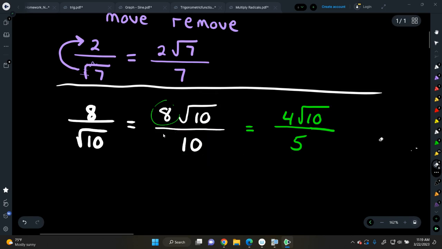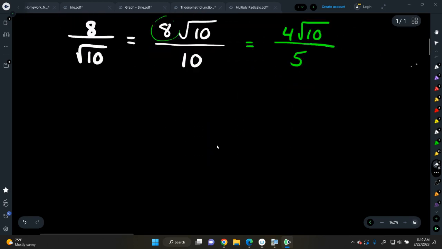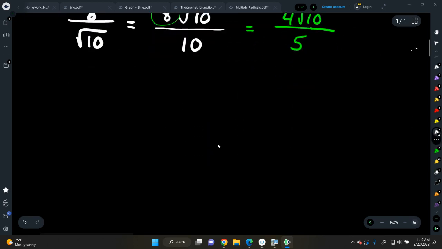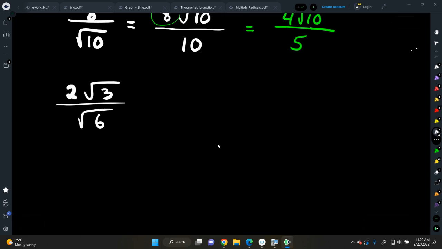So for instance, let's say that I had 2 root 3 over root 6. This time, the 3 and the 6 will reduce because they are both inside a radical.